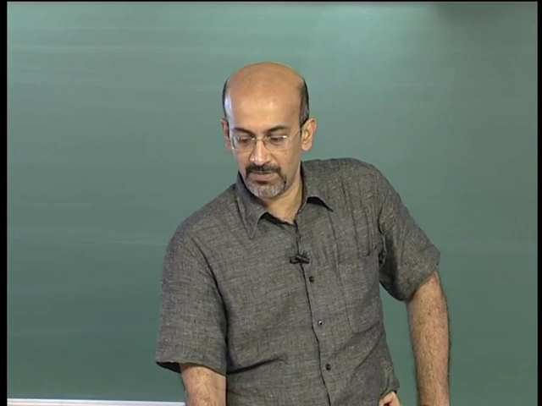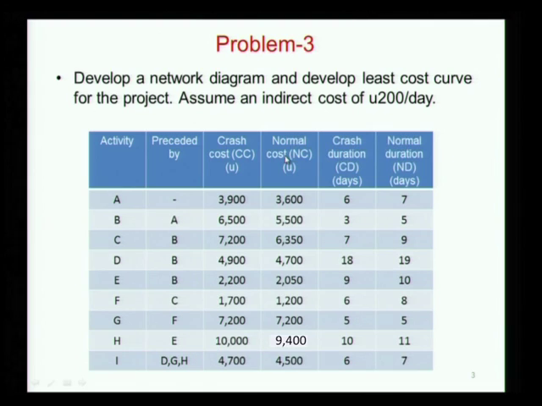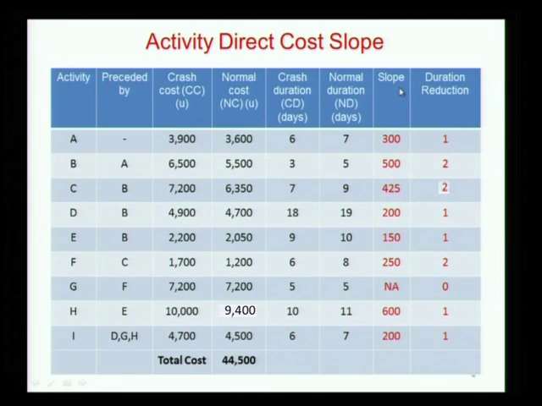In this table, if we go back to the problem that was given, we had given you crash cost, normal cost, crash duration, normal duration. We have added 2 more columns to that. One is the cost slope, and the other is the maximum amount by which the duration can be reduced. So here we will see a number like 300, obtained by subtracting 3600 from 3900, and the number of days is only 1.